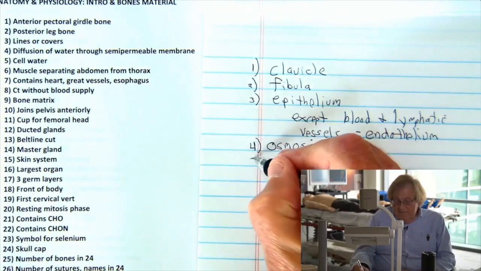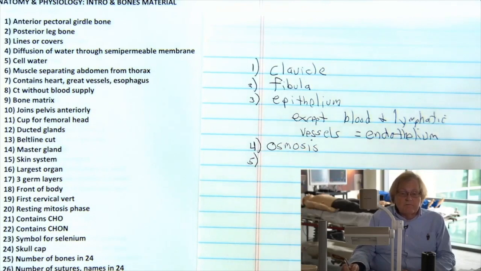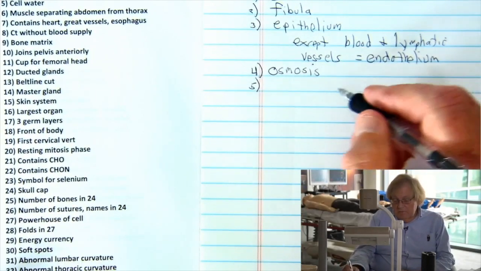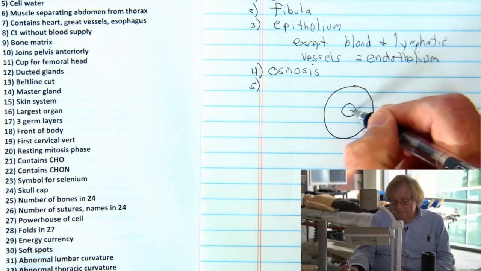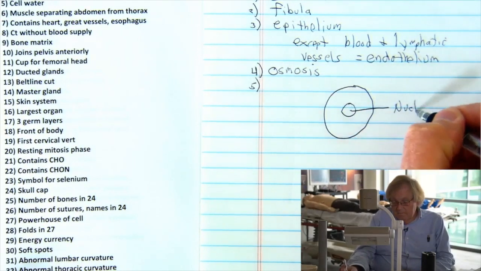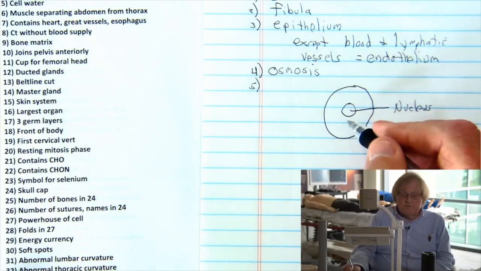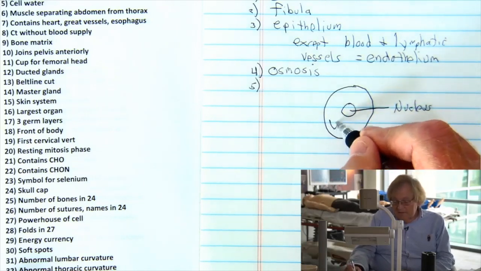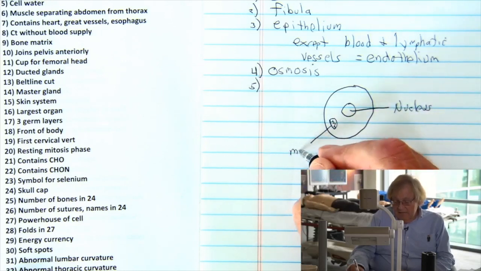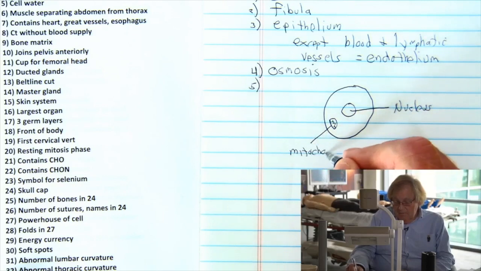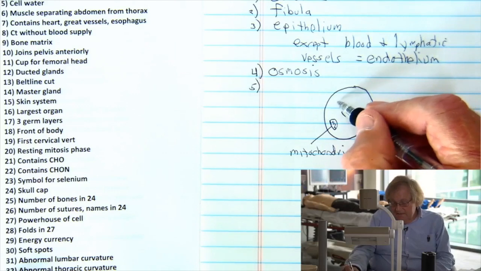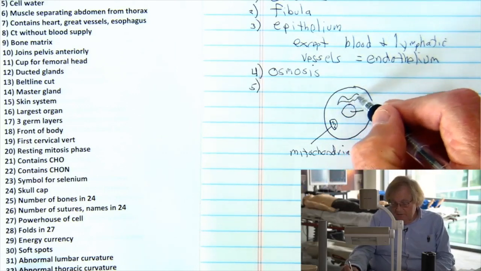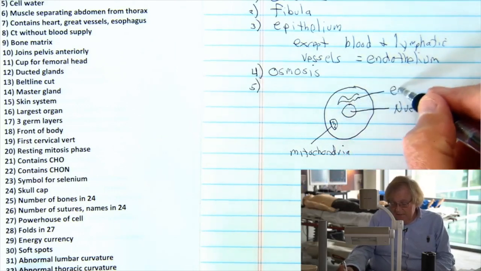Number 5 says cell water. We've all seen a cell. We know that when we look at a cell, it's got a nucleus. And it's probably going to show some organelles, so I'm going to put a couple of organelles in here. Like this one might be called a mitochondria. Or I could see something like this would be called some endoplasmic reticulum.